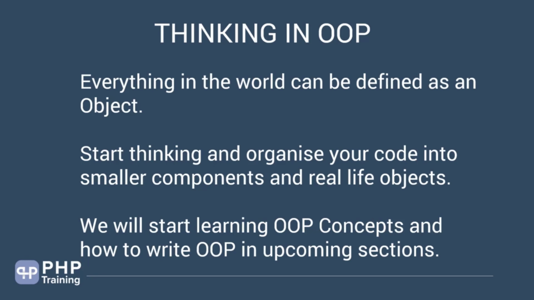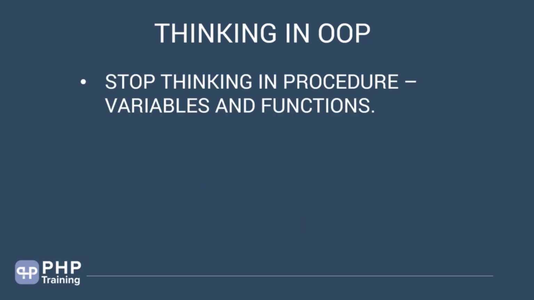Right, there's a bunch of concepts available to understand, but you have to start thinking in OOPs. That's the main concept I want you to understand. Okay, and first thing from here onwards I want you to do is stop thinking in procedures, variables and functions. Even we will not call it a variable from here onwards. Even when you define a variable, that word variable, we will not use it.